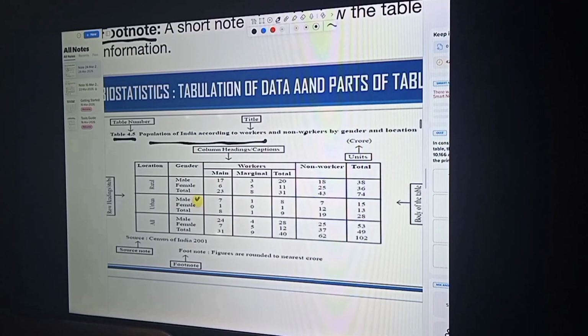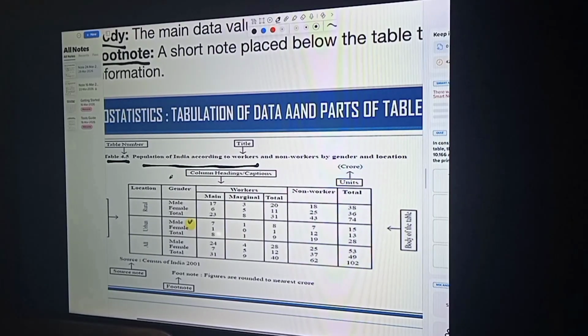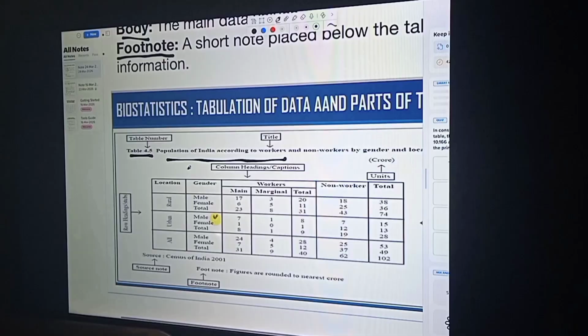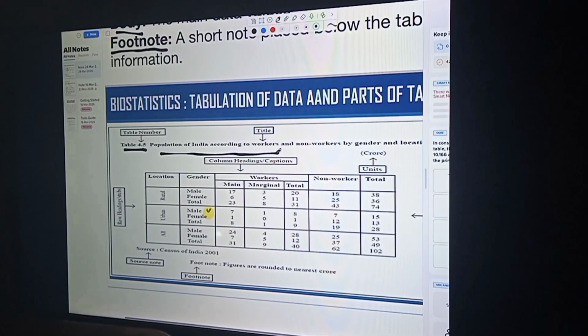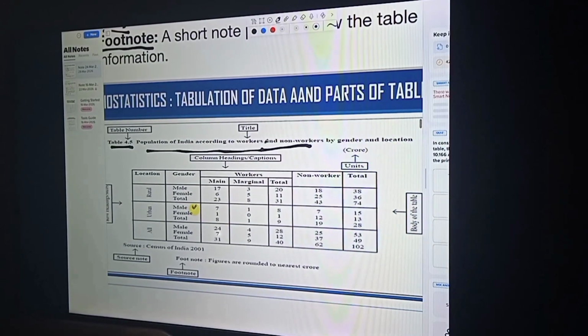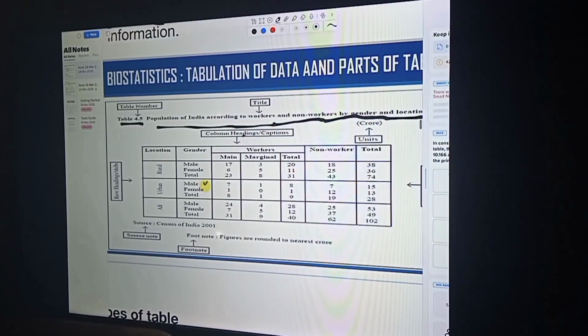This title tells what this table is for, meaning table information is enclosed in a title. This table is about the population of a country according to workers and non-workers by gender and location.